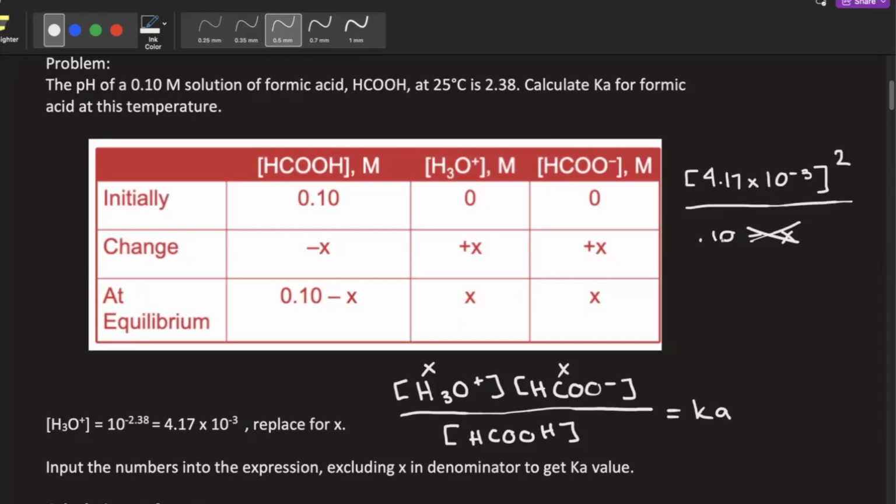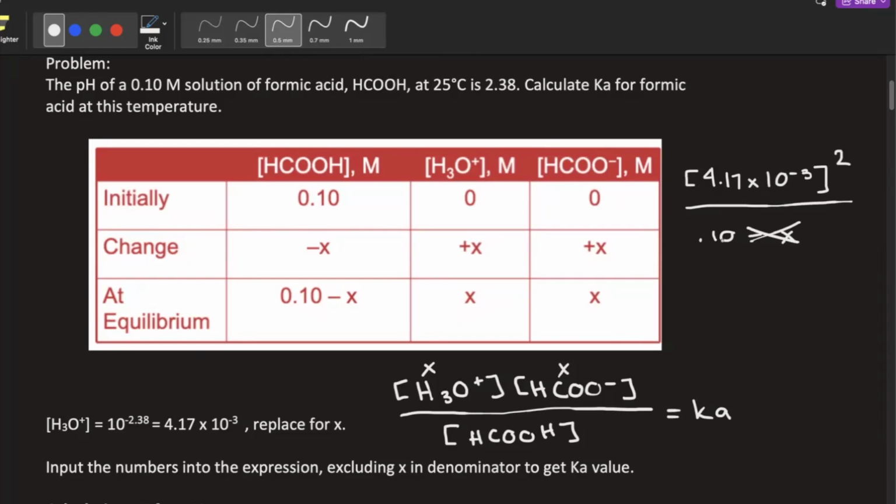If we go ahead and input that into the calculator, 4.17 times 10 to the negative 3 squared gives us 1.73889 times 10 to the negative 5th.